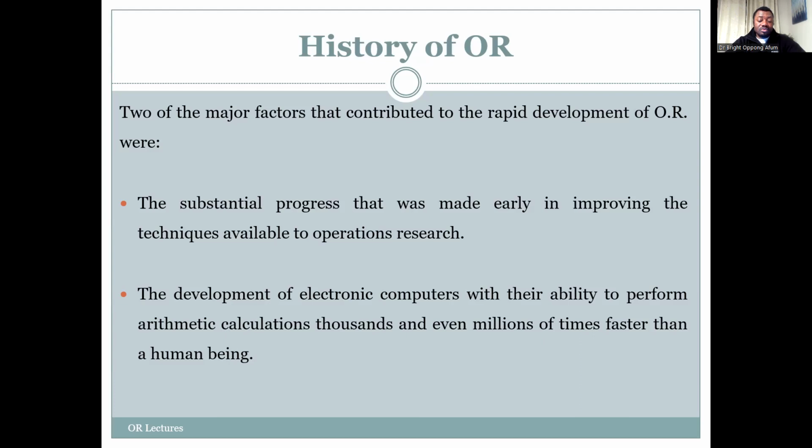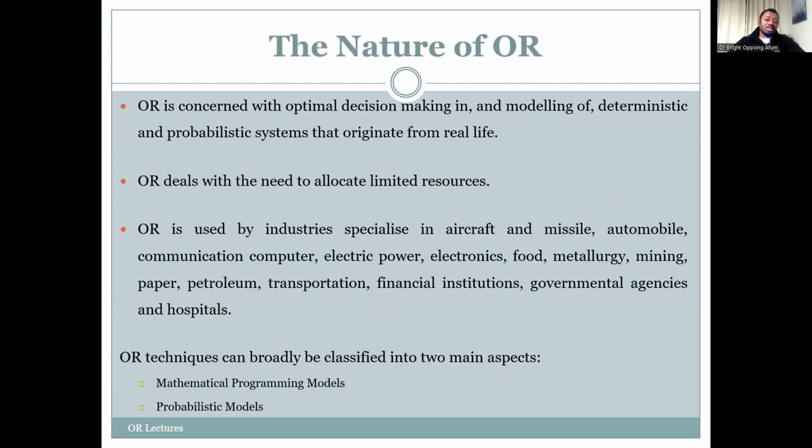Two, there was the development of electronic computers. Therefore, most of the problems could be solved faster using computers instead of the human brain, and that contributed to the rapid development of operations research.